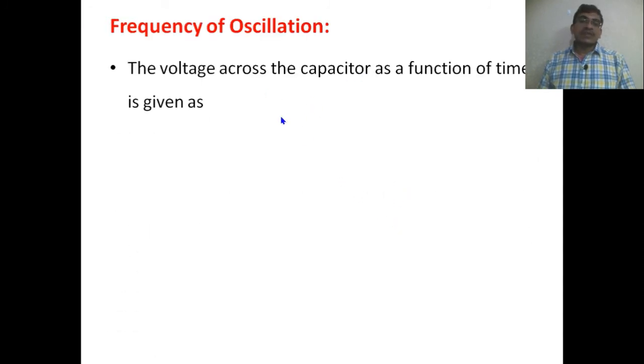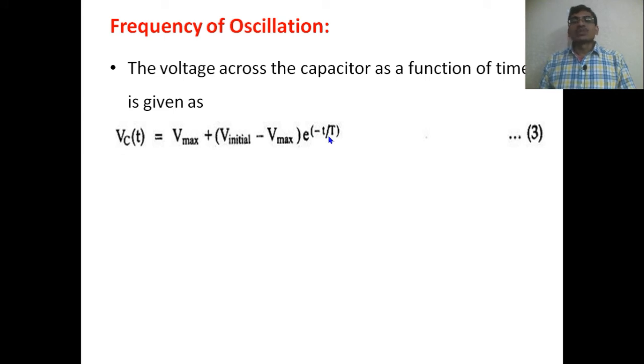The voltage across the capacitor as a function of time is given as Vc of t is equal to Vmax plus (V initial minus Vmax) into e power minus t by tau, where tau is the time constant.